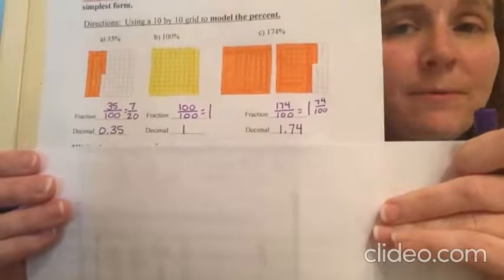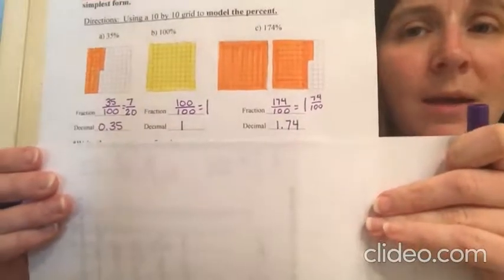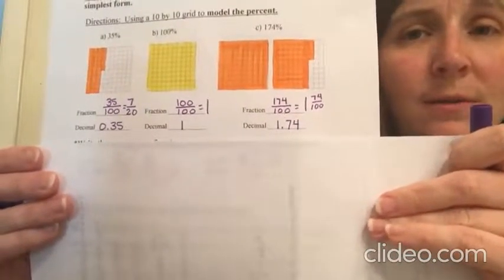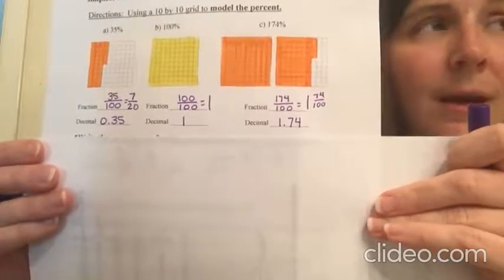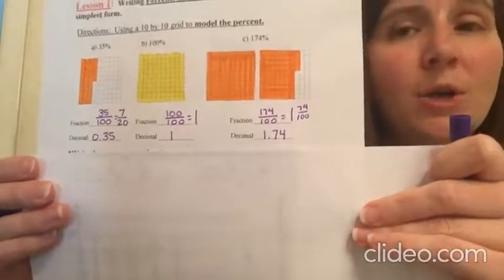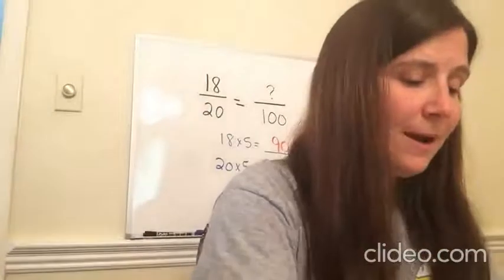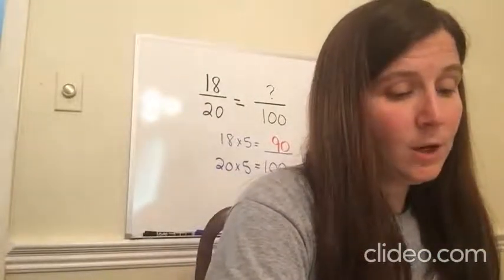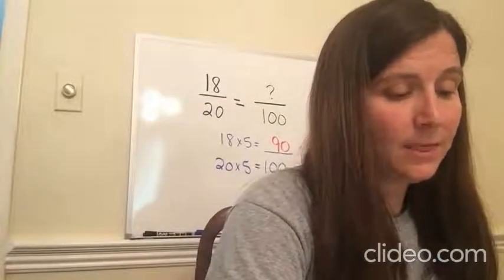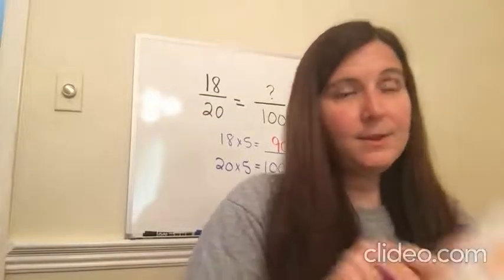But then when we simplify it, 1 and 74 hundredths, and then 74 and 100 can both be divided by 2. So you would have 1 and 37 fiftieths.